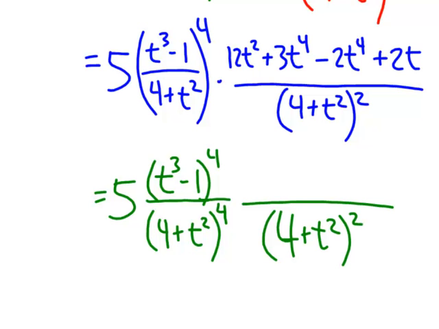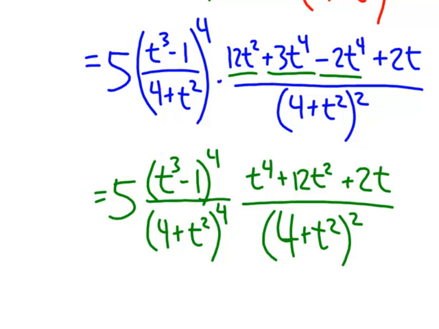Let's go ahead and complete this messy numerator here. Let's combine our like terms. Let's do the t to the 4th terms first. 3t to the 4th minus 2t to the 4th gives me just 1t to the 4th, plus 12t squared plus 2t. All right?